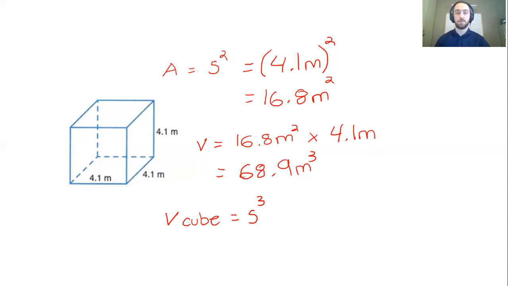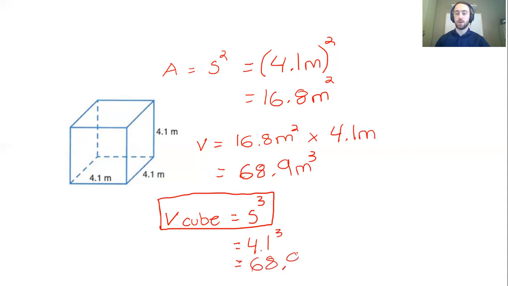The volume is the side cubed. And you could try it. So you could plug 4.1 back in to our side, and we're going to cube that. And we will get an answer of 68.9 meters cubed.